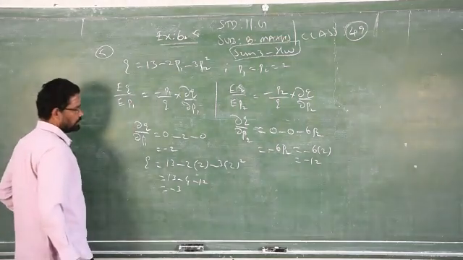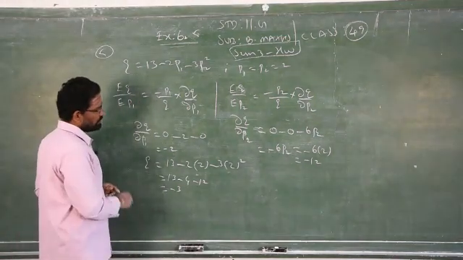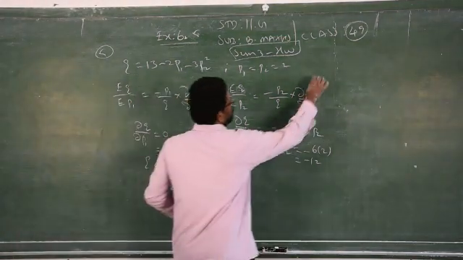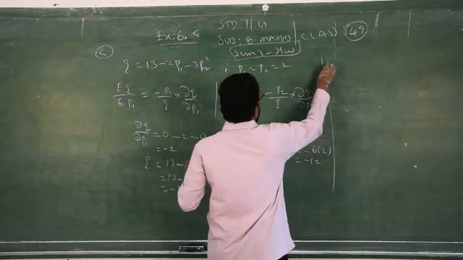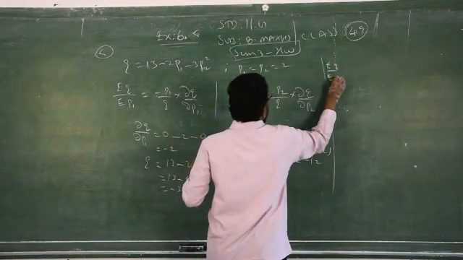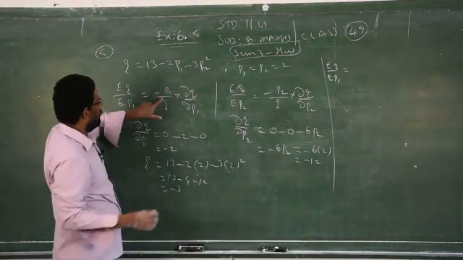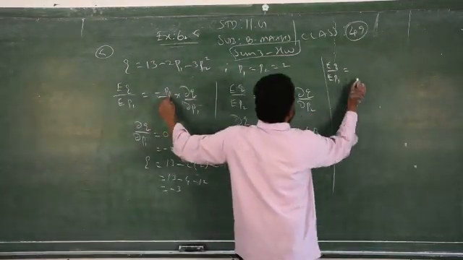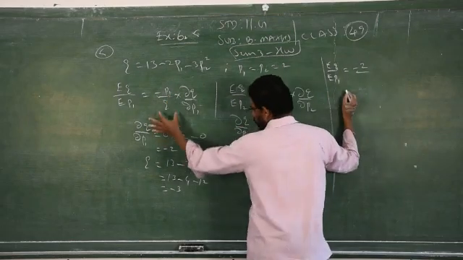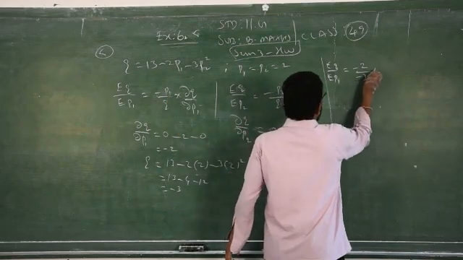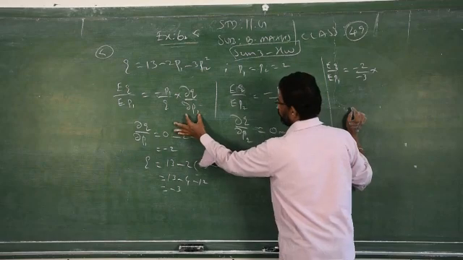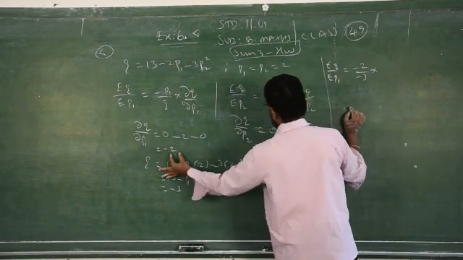Just you have to replace in the place of EQ by EP1. EQ by EP1 is equal to, I already wrote the formula, no need to repeat the formula again. What is P1? The answer is minus 2. What is Q? Minus 3. Into ∂Q by ∂P1. What is the answer for ∂Q by ∂P1?